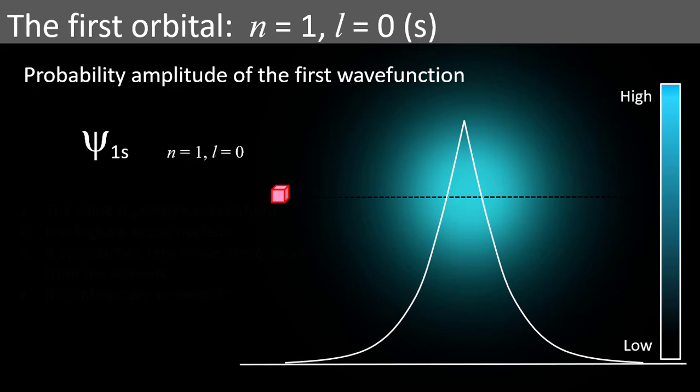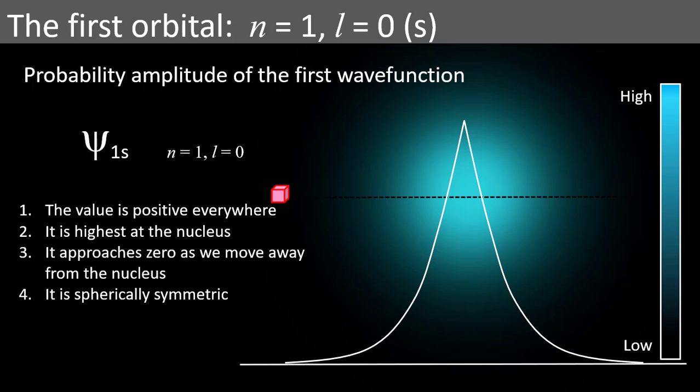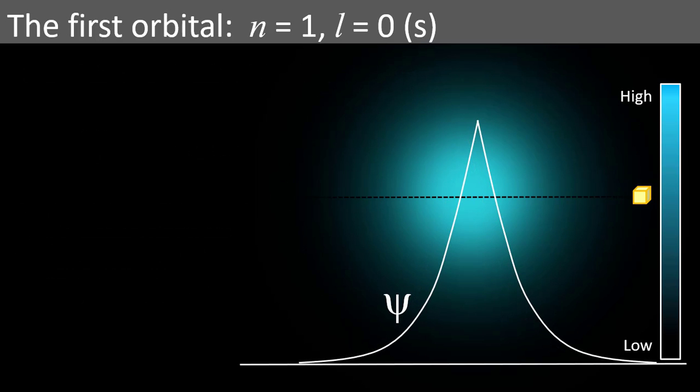We would have a function that looks like this. The values are always positive. It is lowest, meaning close to 0, far from the centre, and it reaches its highest value at the nucleus. You have to try and imagine a spherical cloud with the greatest intensity at the nucleus.